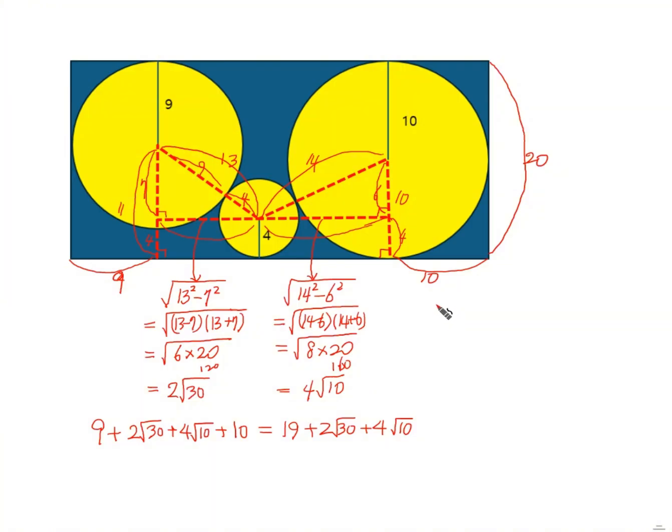Finally, the area of this rectangle is 20 times (19 plus 2 root 30 plus 4 root 10), equals 380 plus 40 root 30 plus 80 root 10. Finish it. This is the answer. Thank you.